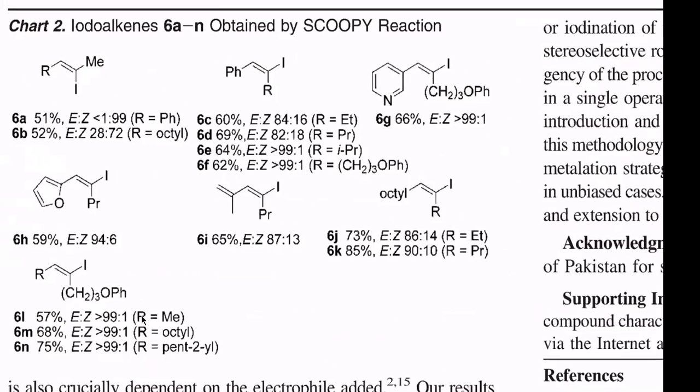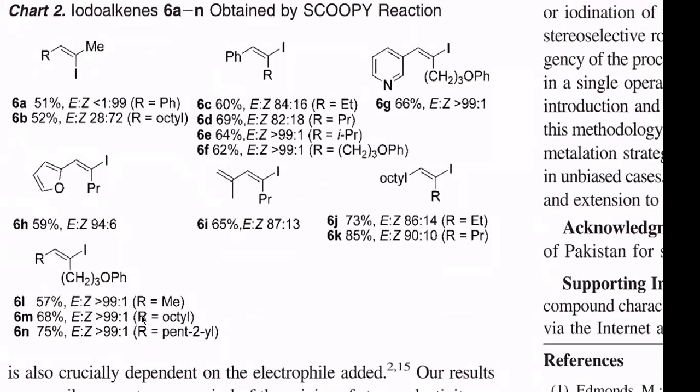Right here. As you can see, they were able to get a little bit better selectivity as it relates to the product being more of the E isomer.